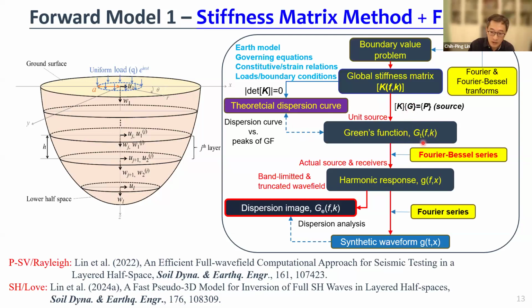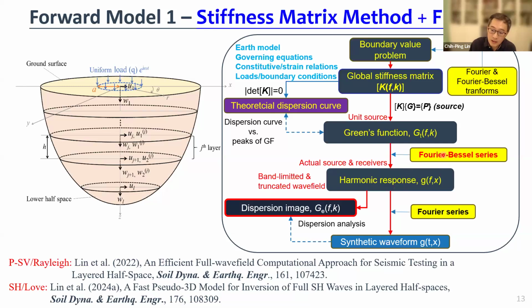Then we have to take an inverse Hankel transform back to the physical domain. The integral computation is very time consuming, and if you do numerical integration, you also need to control the resolution and accuracy.